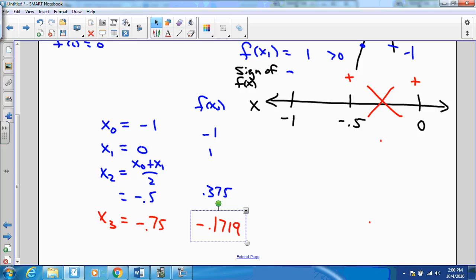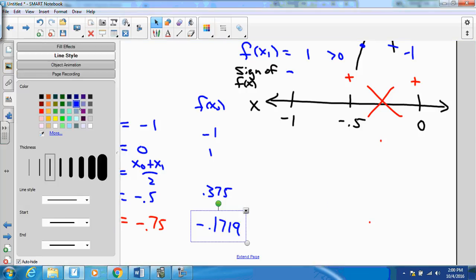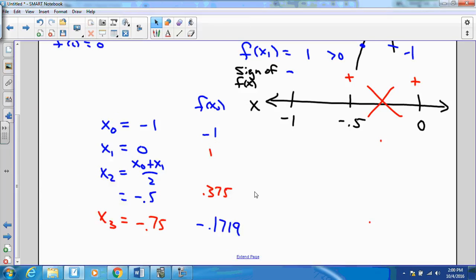I'm actually going to come back and change the color of mine so that my colors match the positive and negatives. So here, when I did negative 0.75, what I got was a negative value. And this allows me to, again, cross off half of my x values and keep only the ones that give opposite signs. So my next guess is now going to be the average of those two.